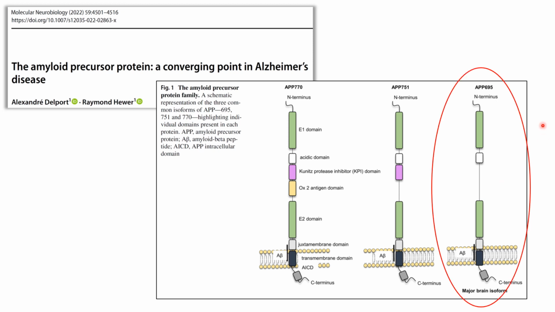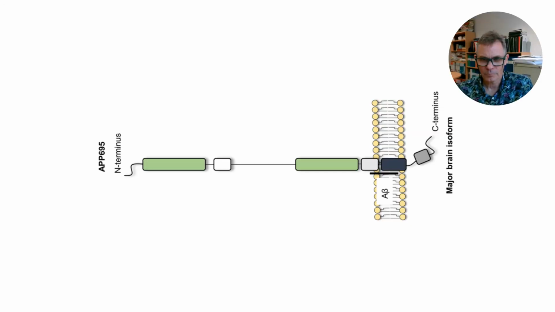Now let's focus on this APP695 form and look at it a little bit more closely. In particular, I want you to notice down here that they're marking a region called amyloid beta. I've taken the APP695 form and flipped it on its side, and you can see here that they're indicating the lipid bilayer.